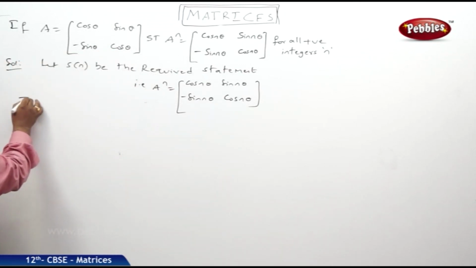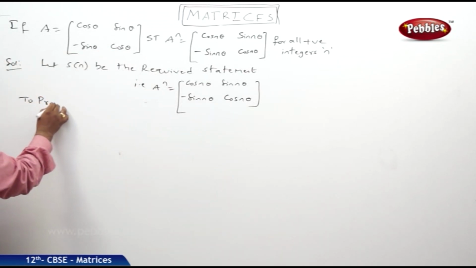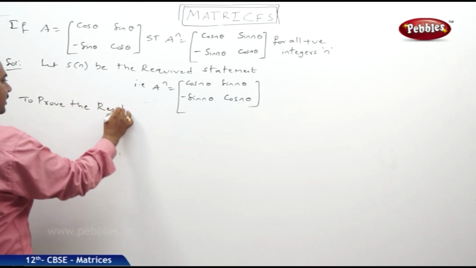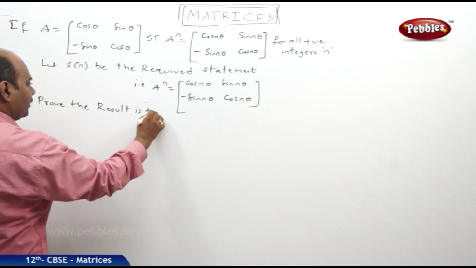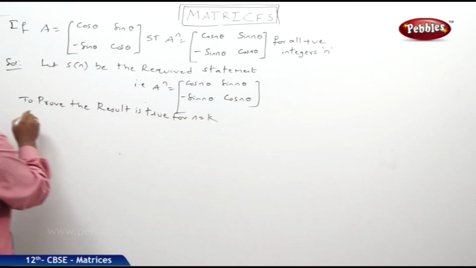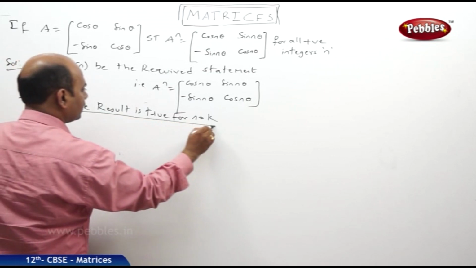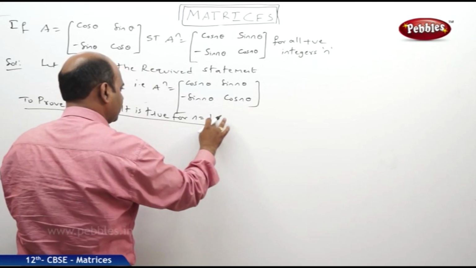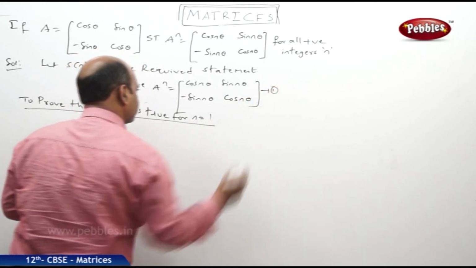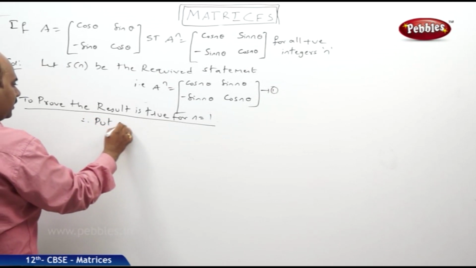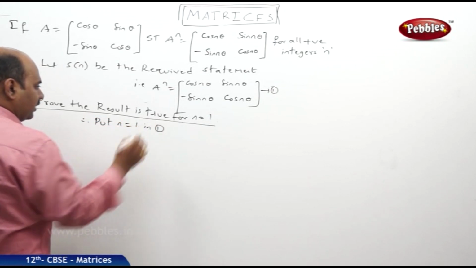Now what I will be doing? To prove the result is true for n equal to 1. Therefore, if I call this as 1, now put n equal to 1 in 1.